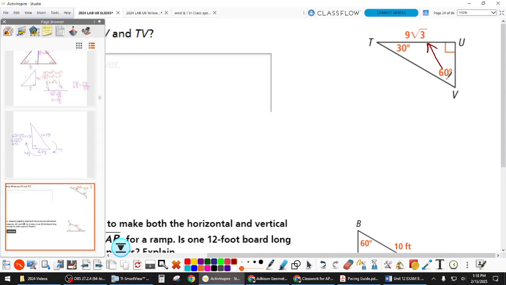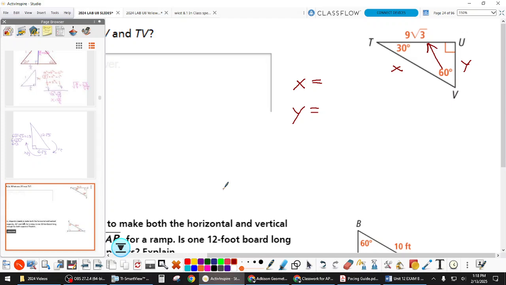Okay? So I'm just going to write X and Y so I can. Which one should you find first? Y. Yes, Y. How come? Yeah, it's the short side. I think it's just easier to go that way.